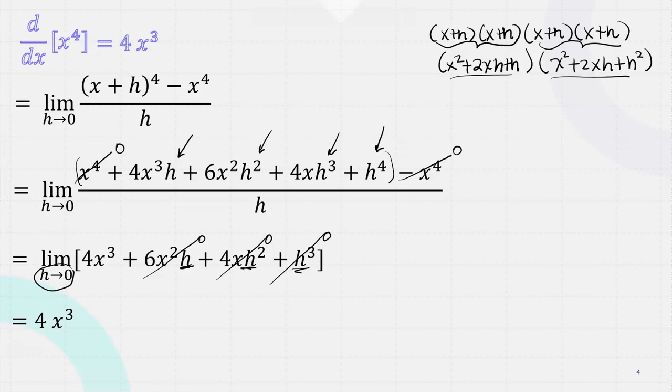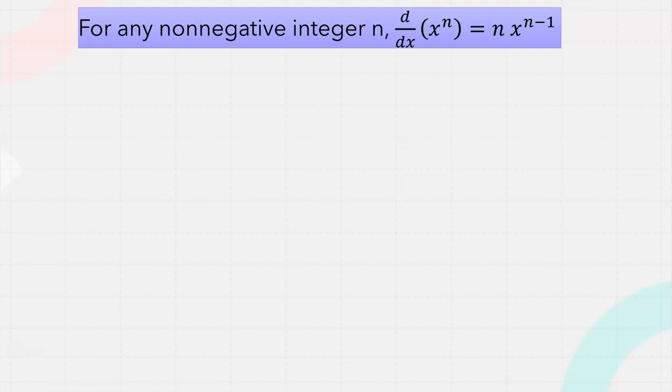Now, I want to be able to generalize this, right? So what are we going to do? We're going to look at any non-negative integer n and take the derivative of x to the nth power.